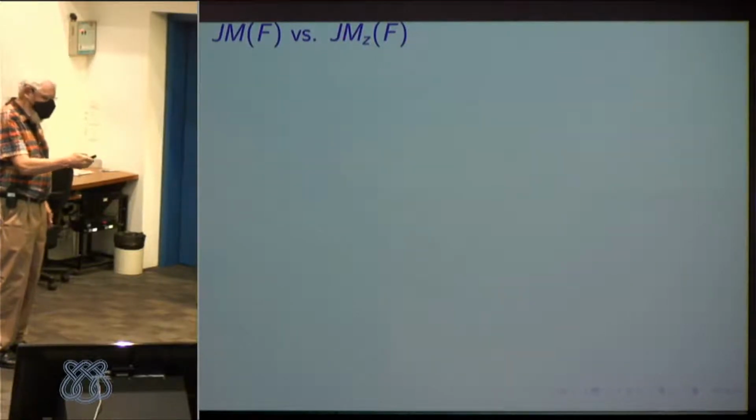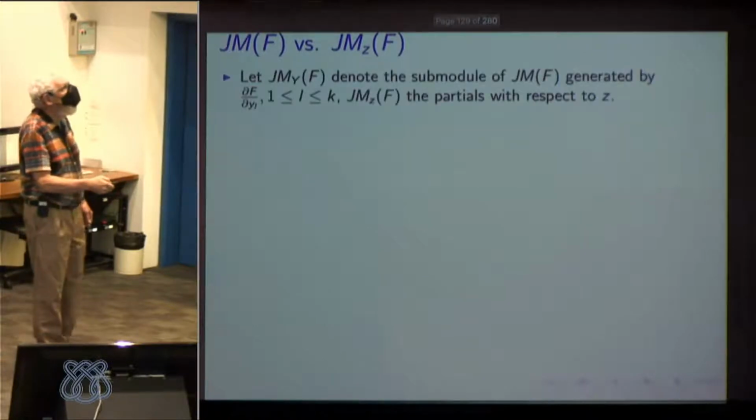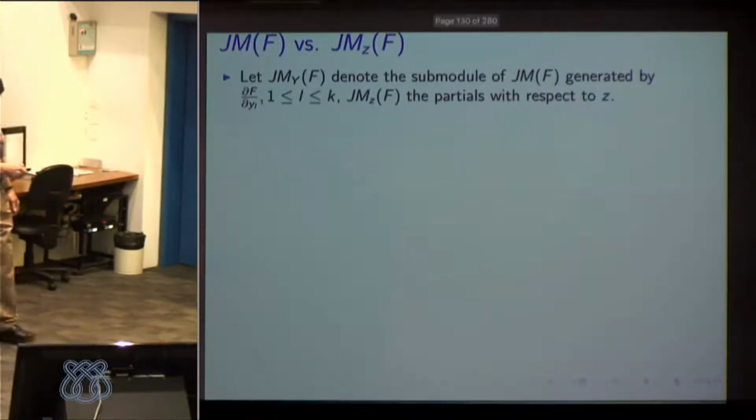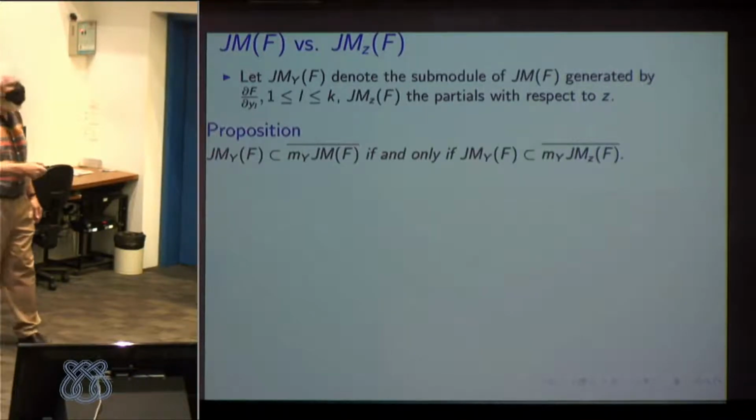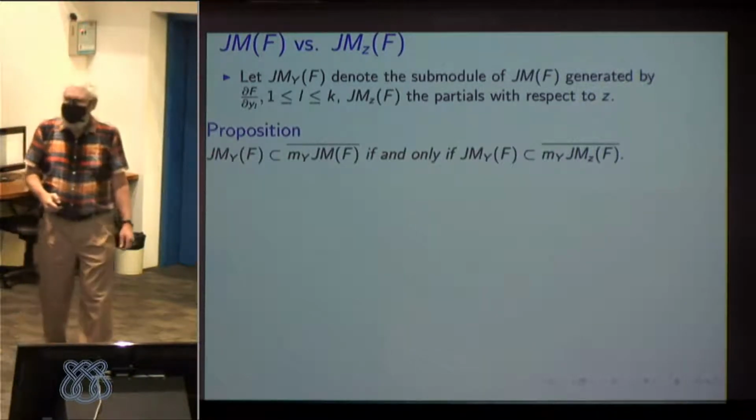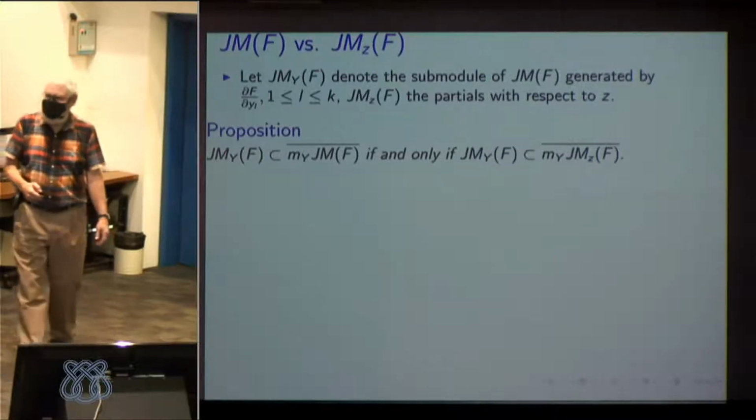Okay, so what are we trying to do here? There's our notation. And what we want to do is show that we can forget about Jm of f.